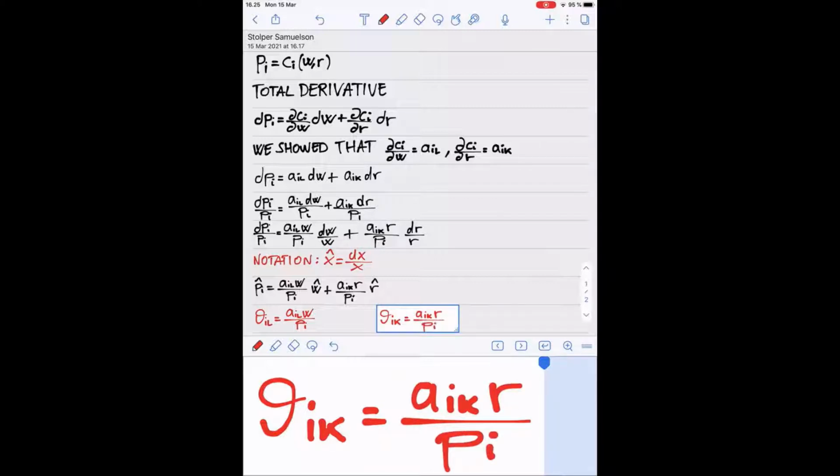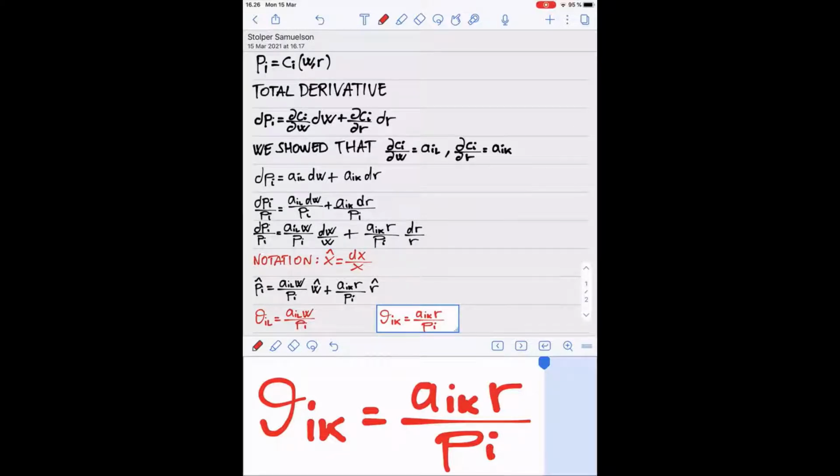Okay? And these thetas are actually the cost shares of the two factors of production. So theta IL is the cost share of labor in good I, and theta IK is the cost share of capital in good I.